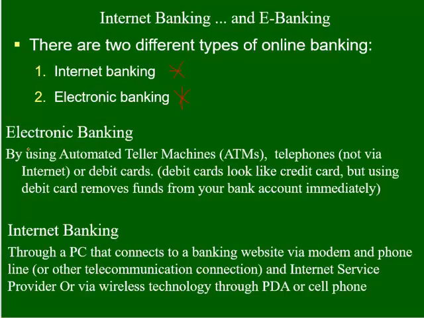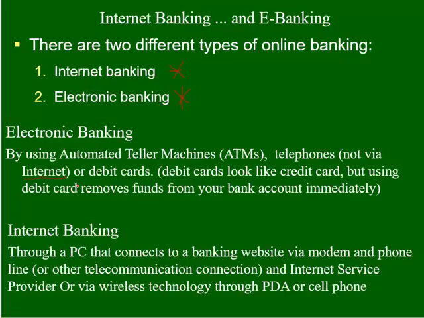Electronic banking, otherwise known as e-banking, is a process of using an automated teller machine or telephone, but remember, not via internet. You can just call your bank officer or account officer. You are not linking with internet, just calling his or her number, or you call the bank to make an inquiry, not using internet.